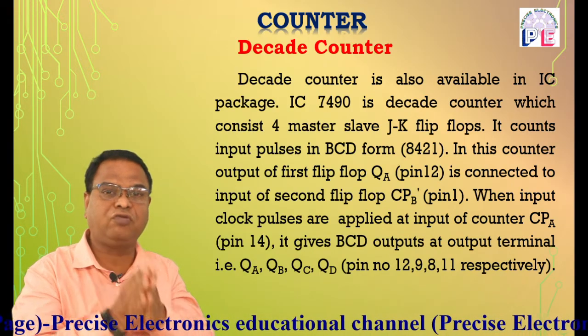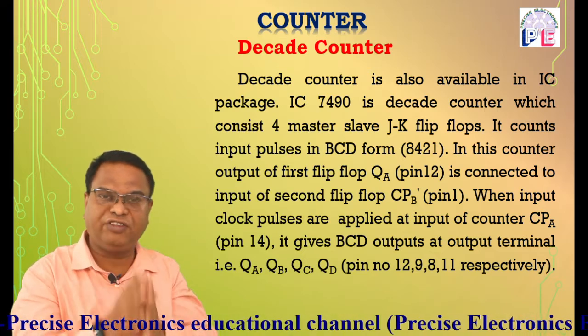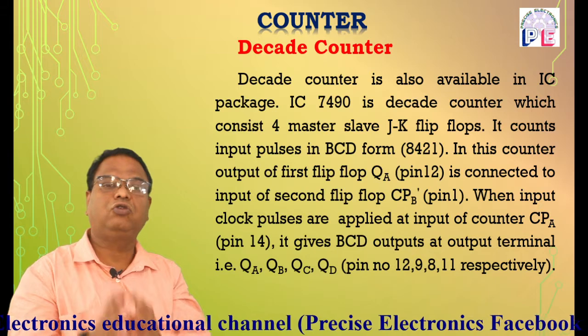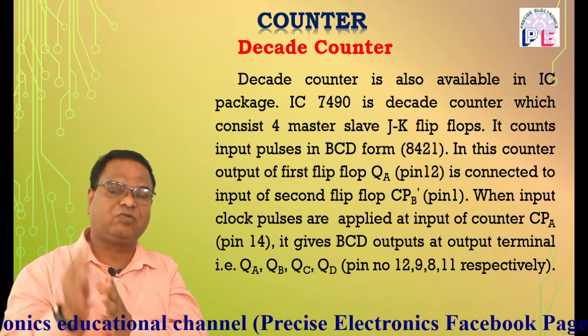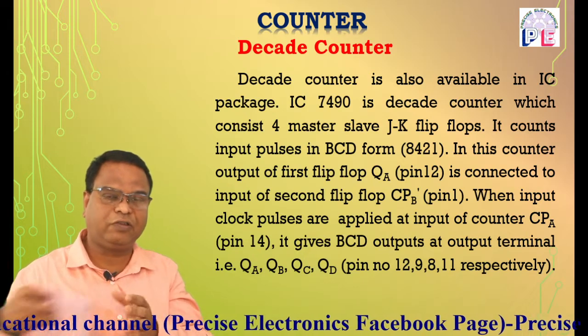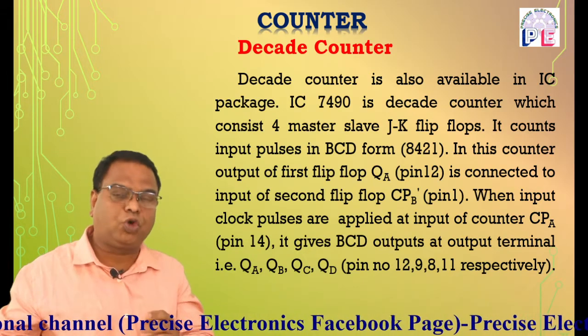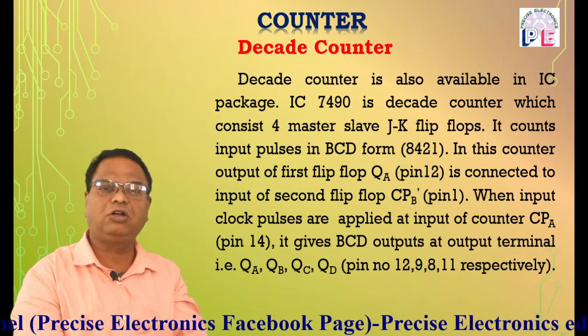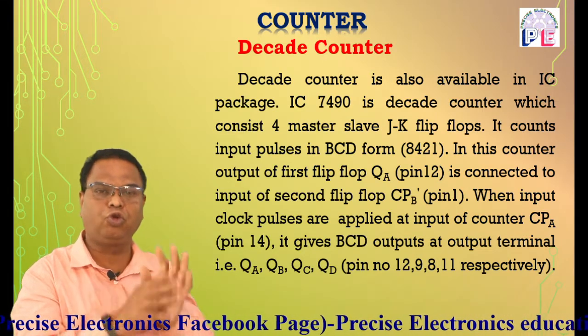That is, the output is in the form of 8421 code. What is 8421 code? 8421 code is known as a BCD code. So this counter counts the pulses from 0 to 10. At the end of the 10th clock pulse, the output of this IC goes to low level. QA, QB, QC, QD go to low level.